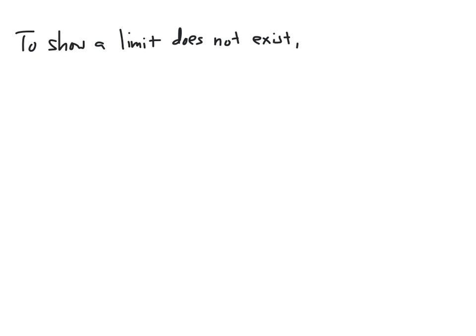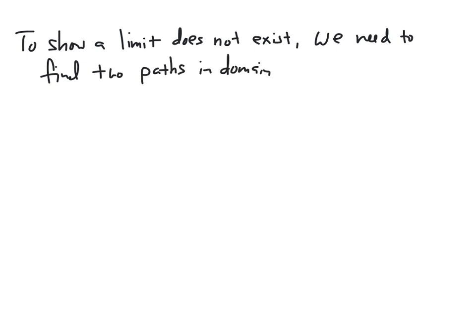So in this case, since we want the limit to exist along any path as we approach the point a, b, in order to show the limit doesn't exist, what we need to do is find two different paths in the domain on which the function f of xy approaches different values.